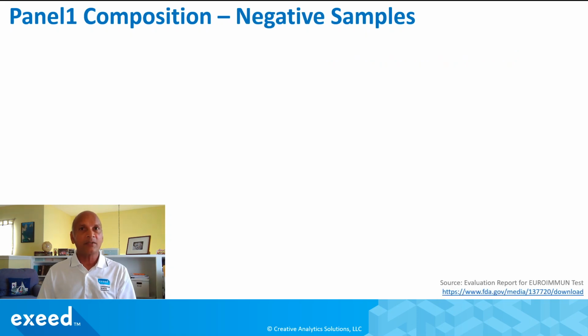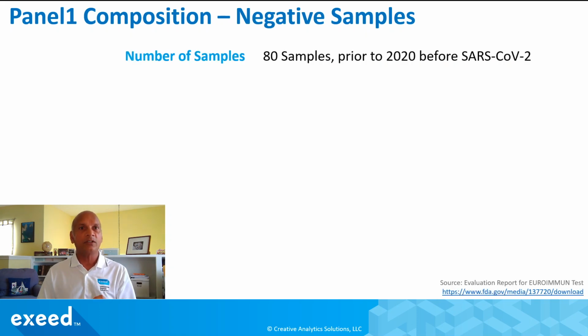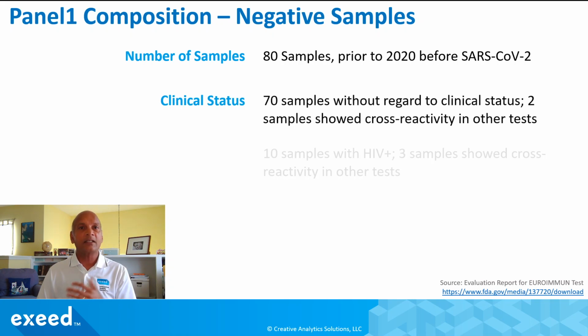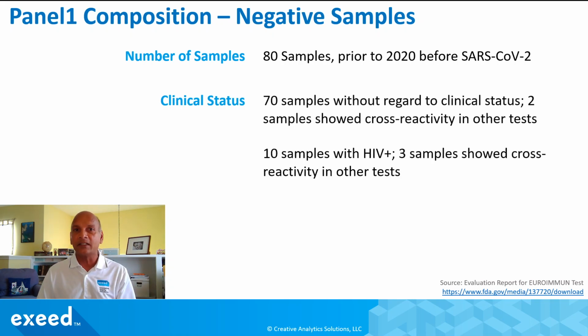For negative samples, as I mentioned before, there'll be a total of 80 samples prior to 2020. That's what they're using. Clinical status, 70 samples without regard to any clinical status. But notice they have included 2 samples that showed cross-reactivity in other tests. 10 samples will be HIV positive and 3 samples have shown cross-reactivity in other tests.